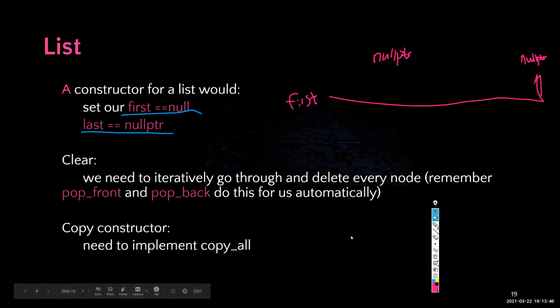Since this node's next is null pointer, first is going to evaluate to null pointer. And when first is null pointer, that means our list is empty. You can do this with either pop front or pop back, but the idea is we want to delete one node at a time and see if our list has any elements in it still. Any questions about that?